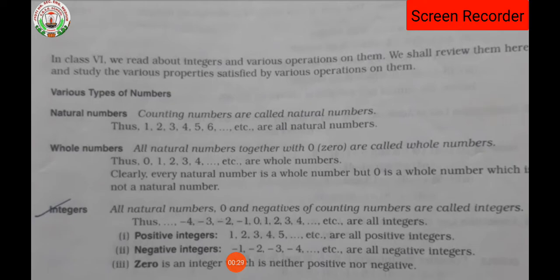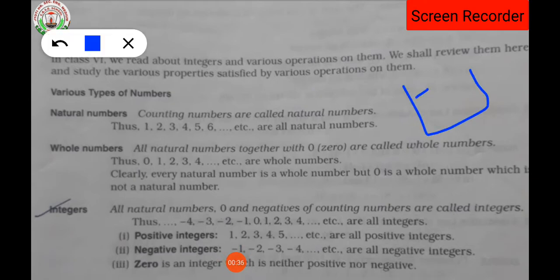When we have a bag filled with the positive and the negative numbers along with the 0, that combination is said to be an integer. Clear? Or in bookish language, all natural numbers, 0 and negative of counting numbers are called integers. This is the bookish language definition.